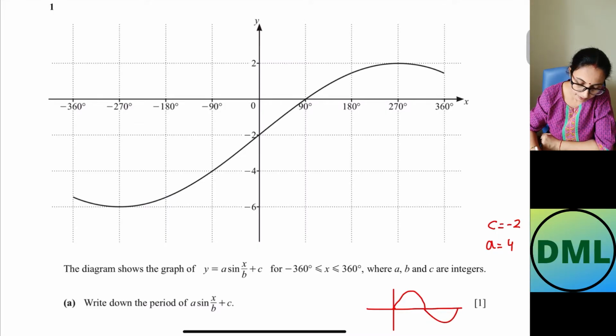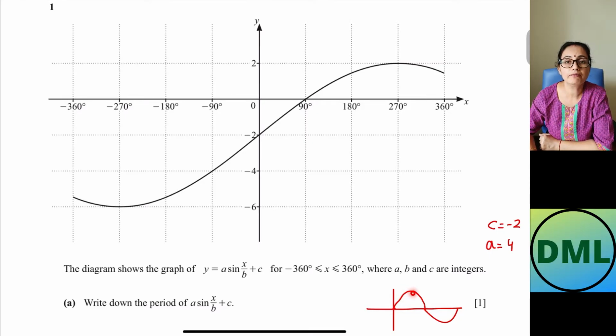As you can see from here, it is touching at this point, maximum. This is my maximum point here. This part starts from here till here. You start from here and you reached here. This is only 1/4 of your cycle. 1/4 of your cycle completes in 270 degree. So your one cycle will complete in how many degrees?